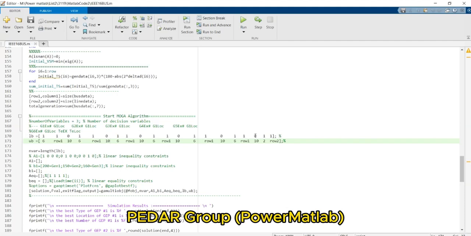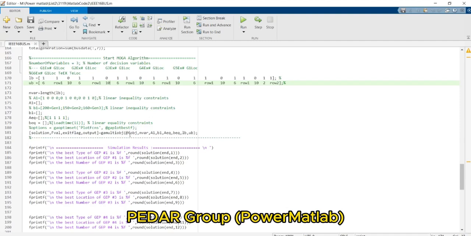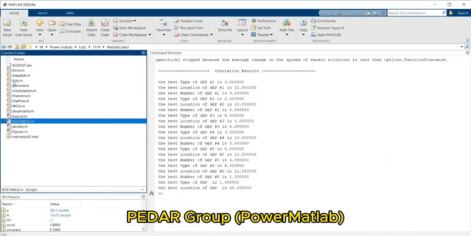Where is the best scenario? And where is the best number of transmission expansion planning in this system? The total objective function is defined here for multi-objective optimization. So you can open this total objective function here.